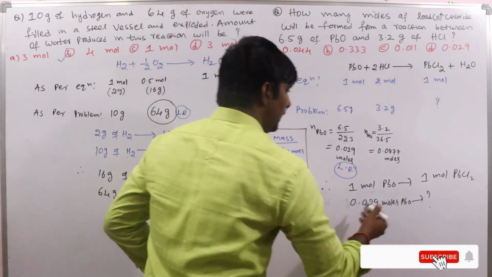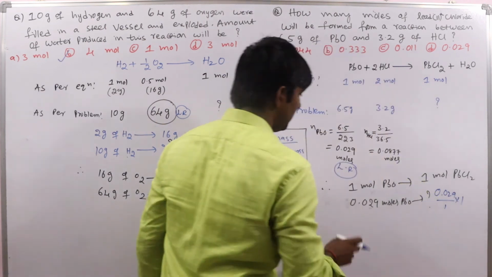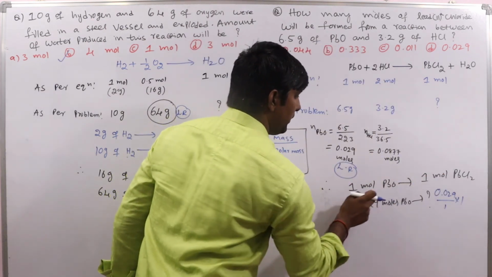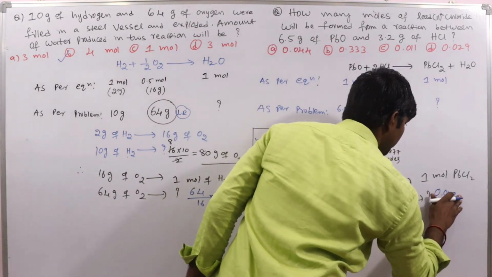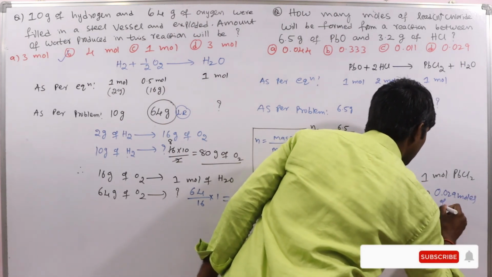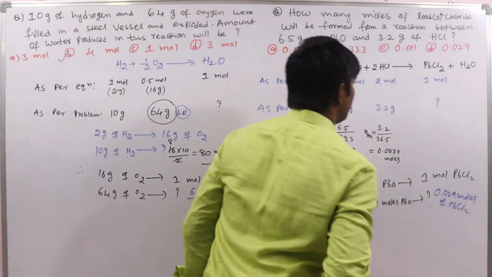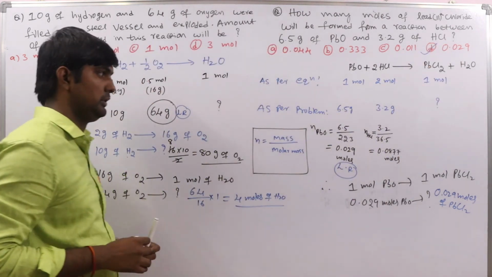Very simple: 0.029 into 1 by 1, there is no difference, so we get 0.029 moles of PbCl2. So what is the answer? Option D is the answer.